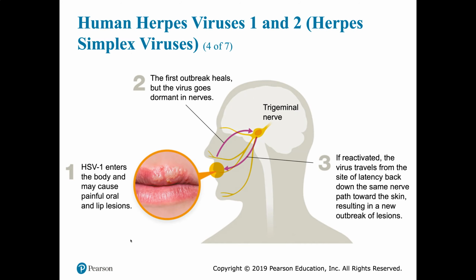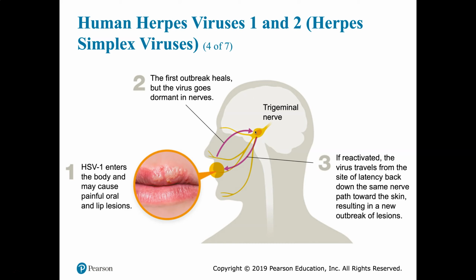Now, here's where this shows you the vesicular lesions on the lip, okay? And it enters your body through, remember, respiratory droplets or direct contact with a lesion like this. It can go from the face along the peripheral nerves and hang out in the trigeminal nerves, which is roughly right around your temples.